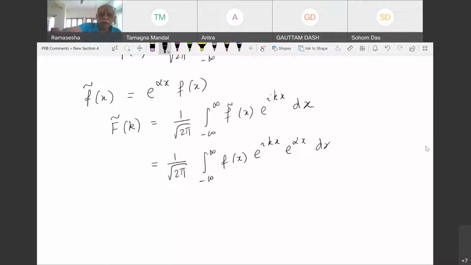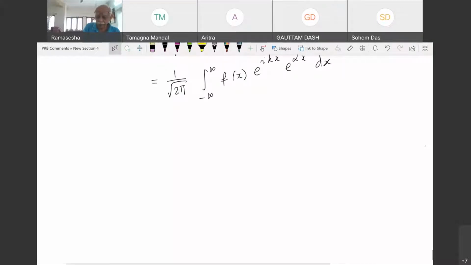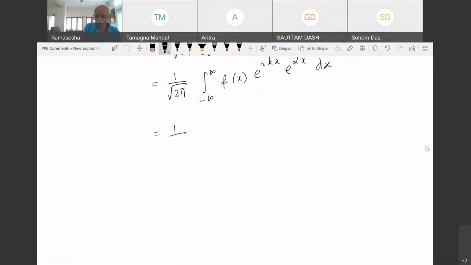Or I can actually write it the usual way. It is integral minus infinity to infinity f of x e to the i k minus i alpha times x dx. Okay, this is because i times minus i alpha is plus alpha, so it is going to give me the same function as before. So what is this equal to? This is equal to F of k minus i alpha.